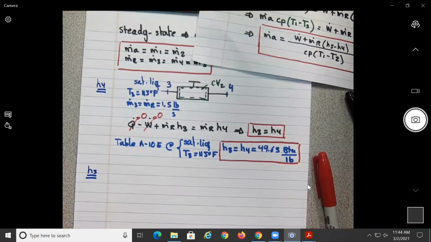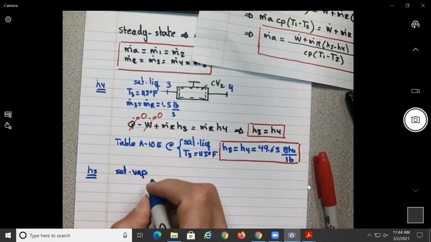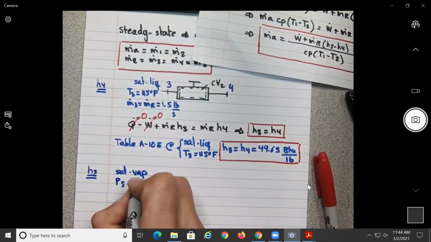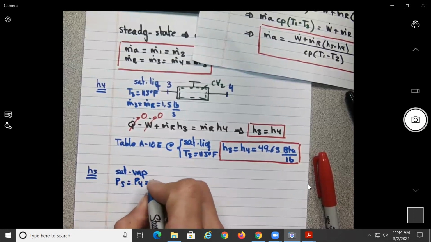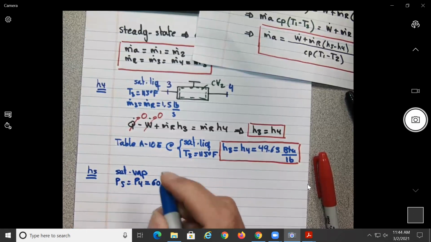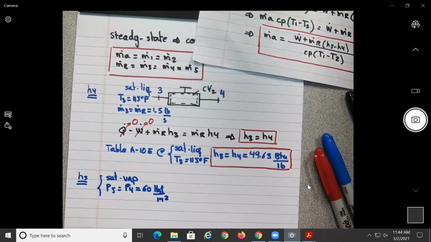So I don't think we need to do anything. For H5, we know that it's a saturated vapor. We also know that P5 equal to P4, and we know that P4 is equal to 60 lbf per square inch. Okay, and the substance is still R134a.